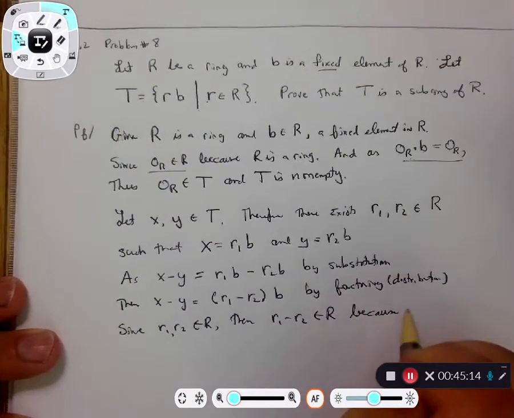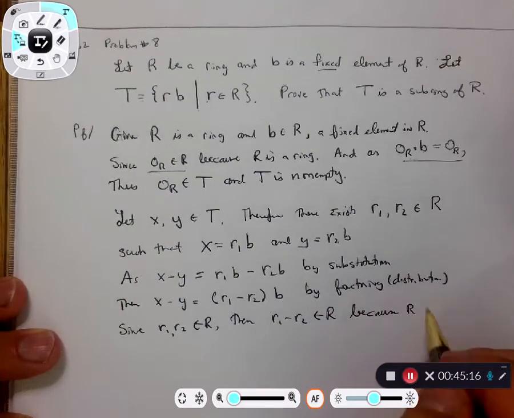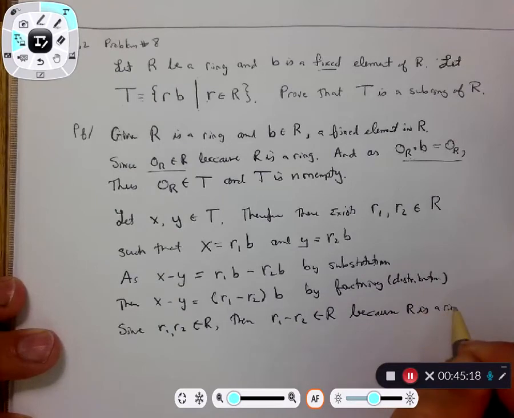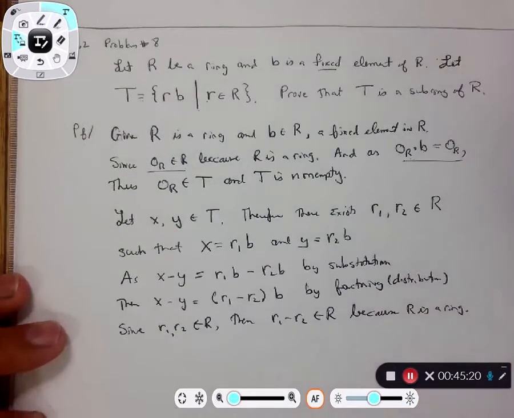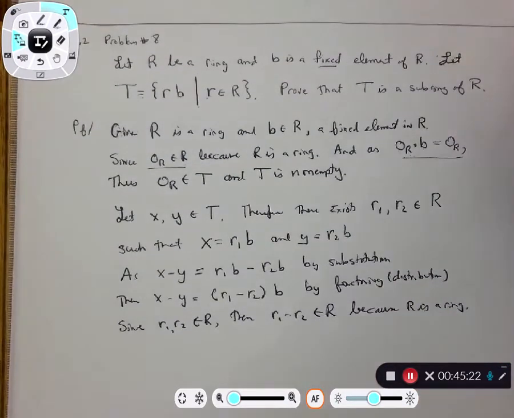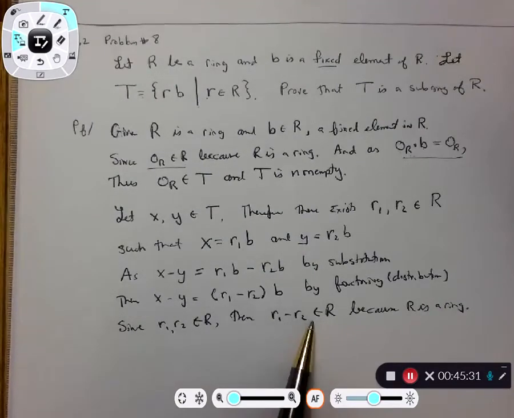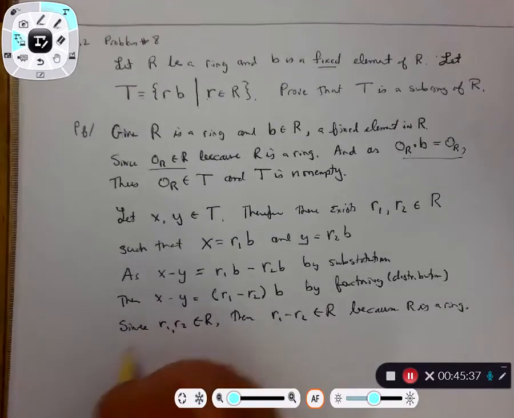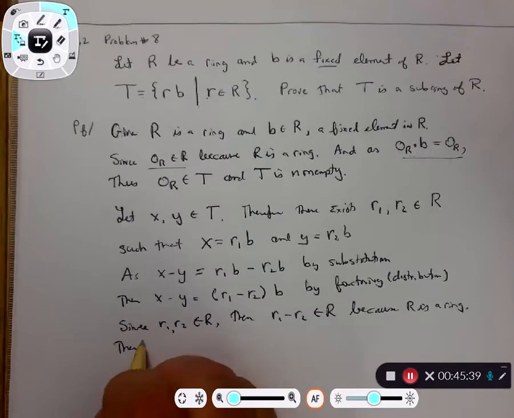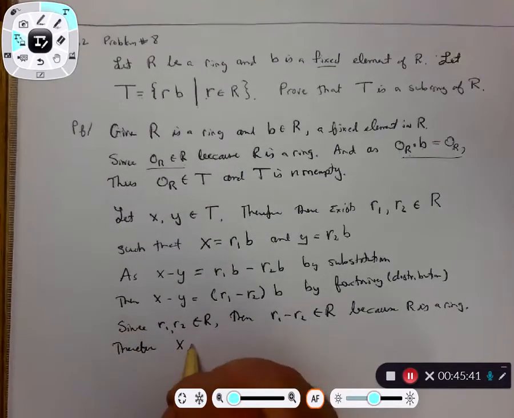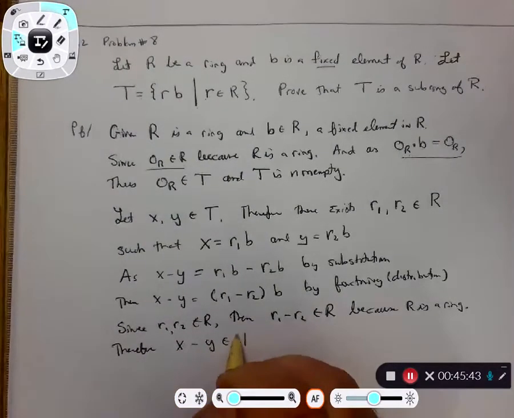Because R is a ring. Property of rings. Rings have closure. We're trying to show this T is a subring of this guy. So R has that ring structure. So if I have two elements in there, their difference and their product are also going to be in there. Okay? And therefore, X minus Y is an element of T.